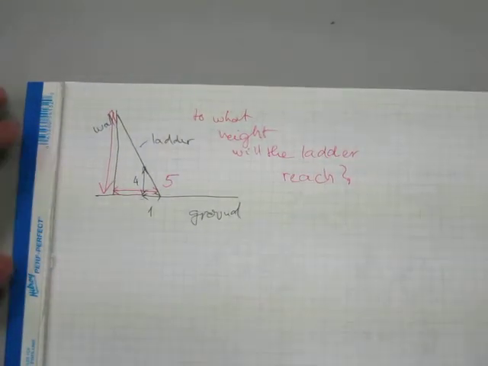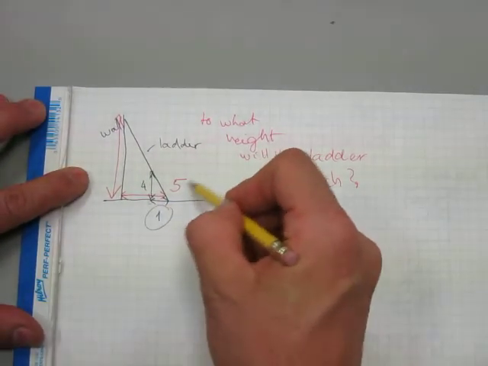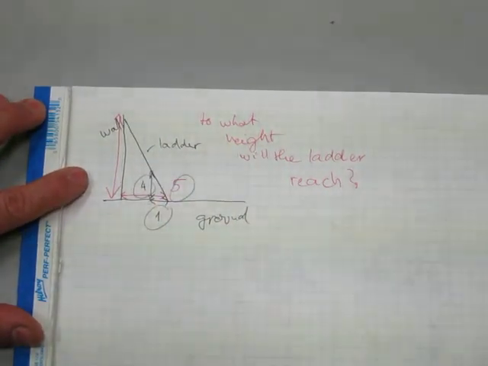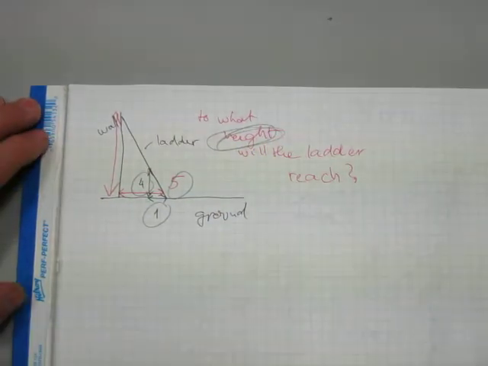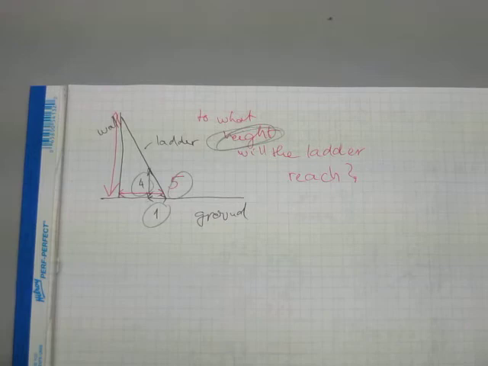Again, this is a ratio and proportion problem. Please note that we have 3 amounts given and 1 amount is requested, the height, and from the 3 amounts we can work out the 4th amount.